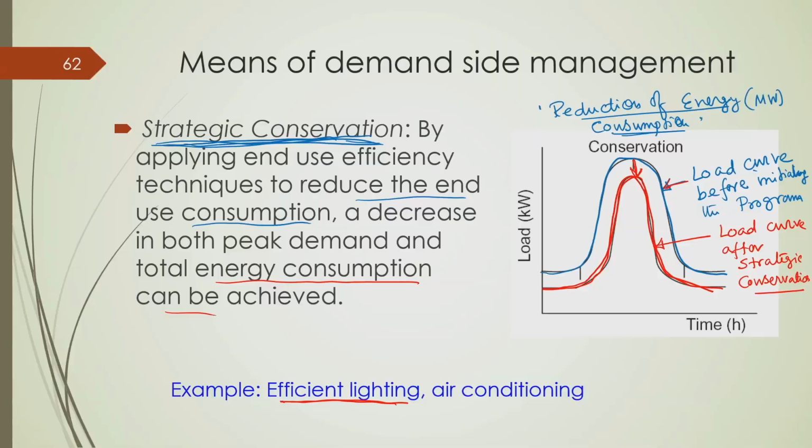If an incandescent lamp consumes 100 watt, one LED of, let us say, 15-20 watt can give you similar or better lighting. So, lighting load is something we can replace by an efficient lighting system, and thereby you can have this program, strategic conservation.